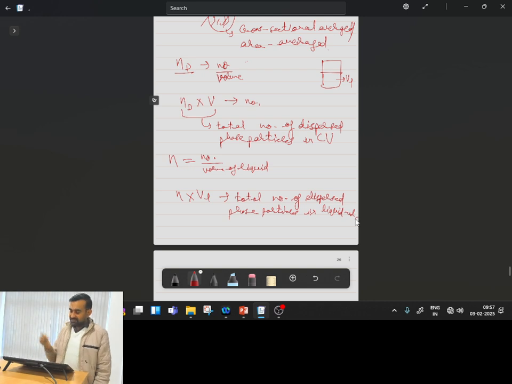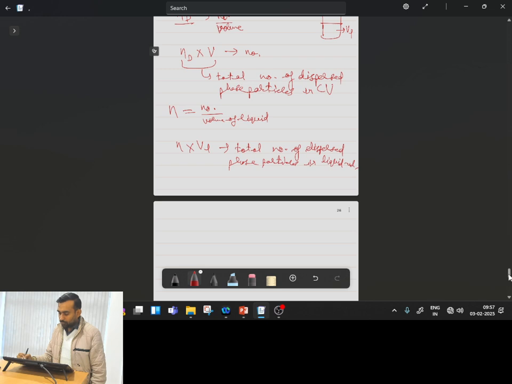So this is the total number. Now if I say that this total number in the control volume is multiplied with the volume of each particle, which is small vd, then eta D into V into small vd will be equal to what? Total volume of dispersed phase particles in the control volume.